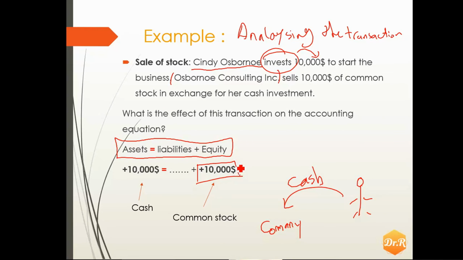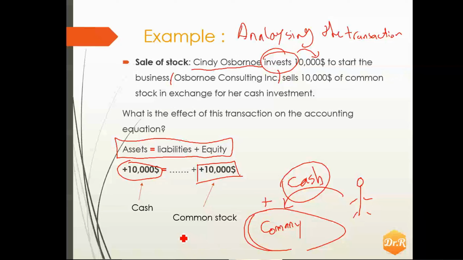The second side is that what the owner gives to the company to make the common stock or capital is cash. So now the company gets extra cash. Cash is an asset, so we have an extra 10,000 on the asset side.